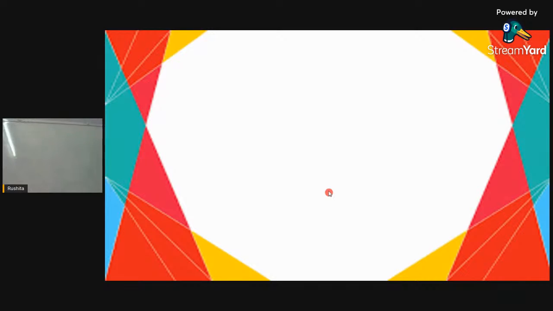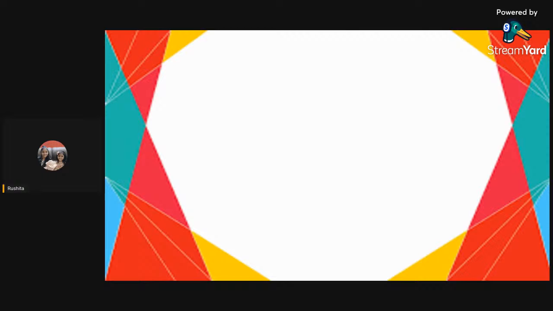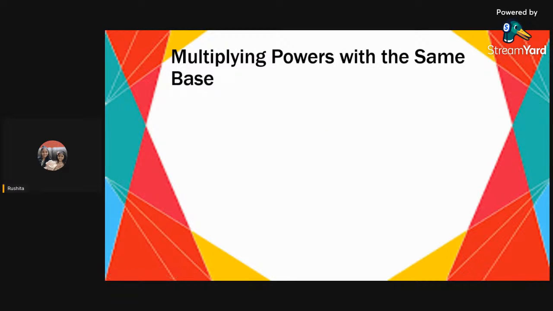The first one is multiplying powers with the same base.